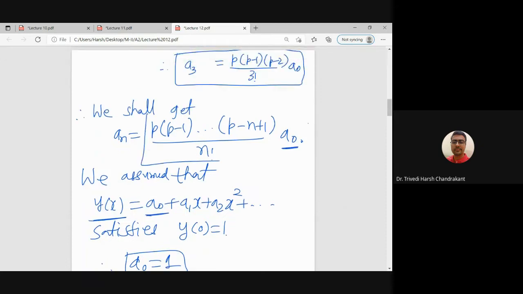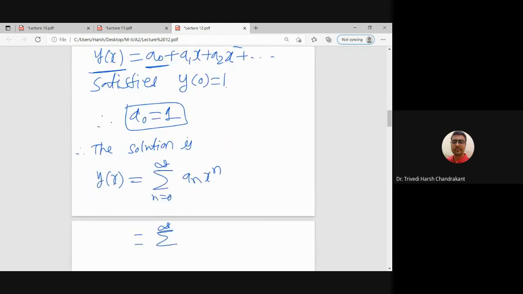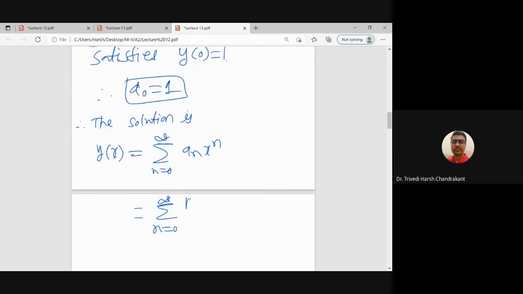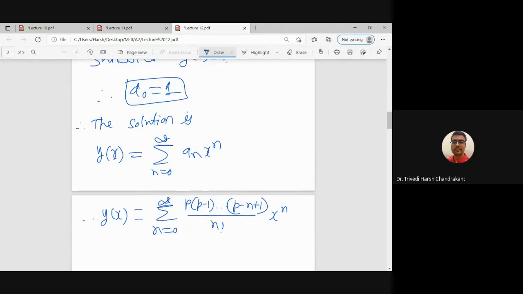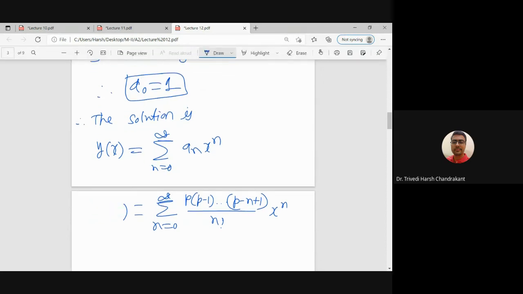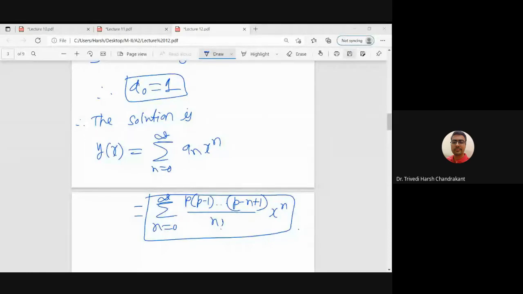So that is p minus 1 up to p minus n plus 1, divided by n factorial, x power n. So basically this is the solution of the given differential equation. Okay, so I think let me stop here.